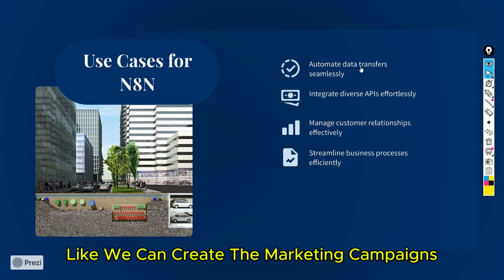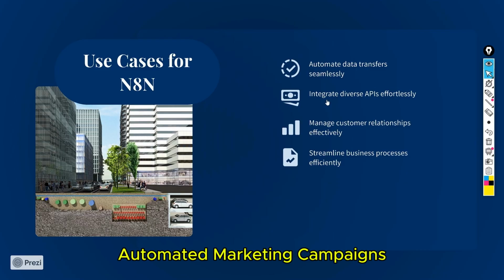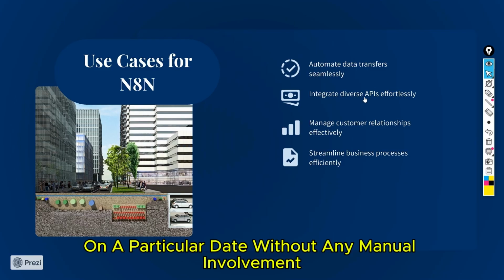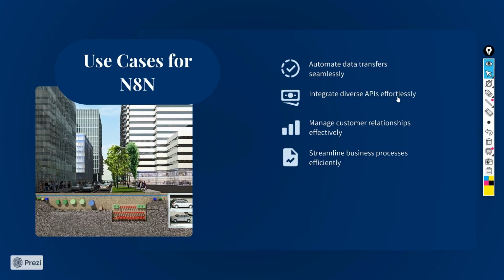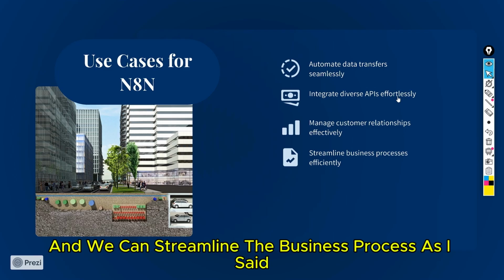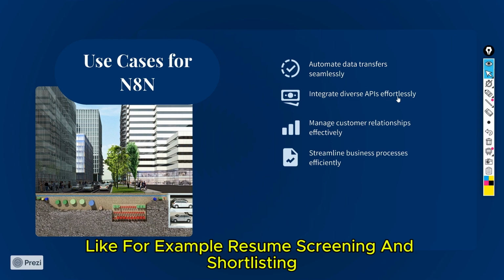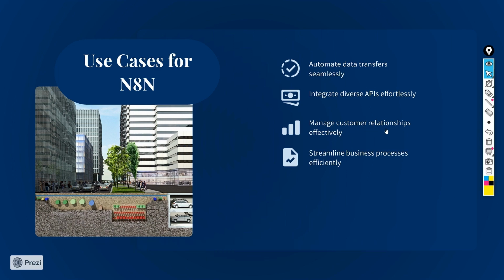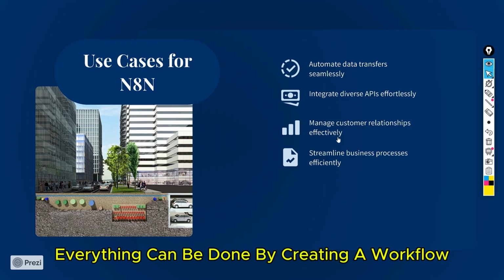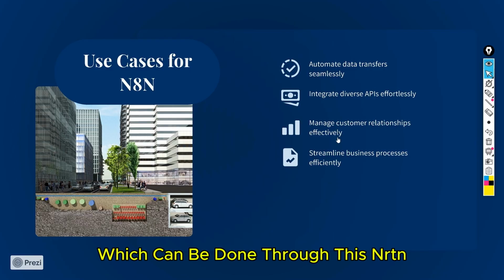We can create automated marketing campaigns on a particular date without any manual involvement, and we can streamline business processes. As I said, for example, resume screening and shortlisting, everything can be done by creating a workflow through n8n.